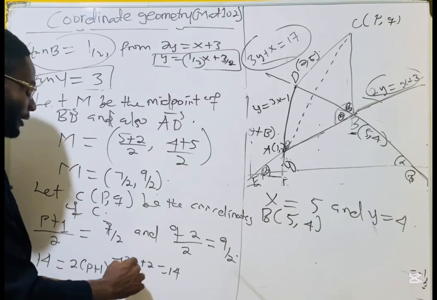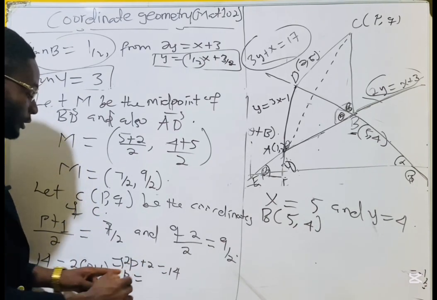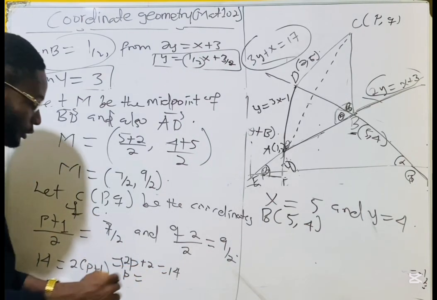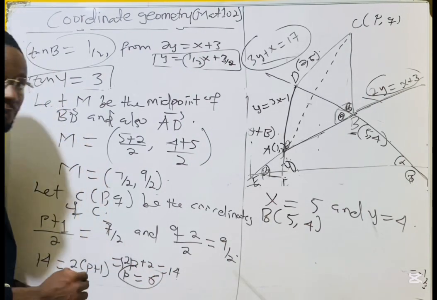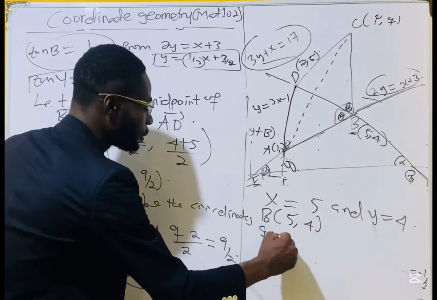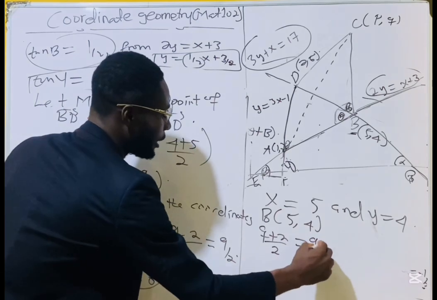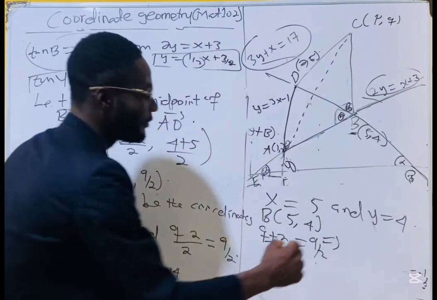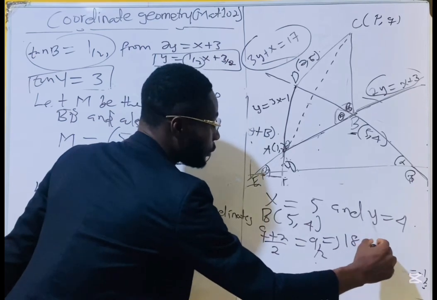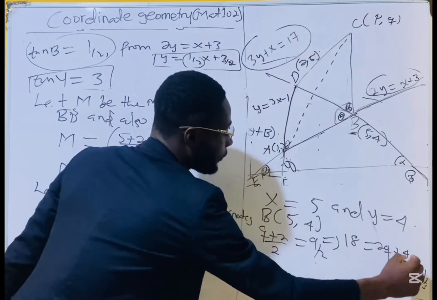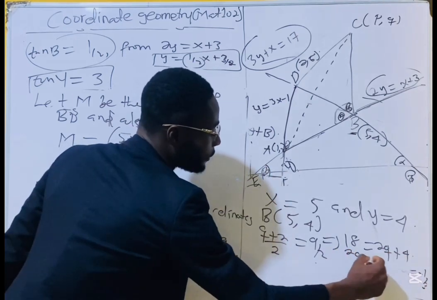So this means that our P will be equal to 12 divided by 2, which is 6. So we have the P to be 6. And then we have Q plus 2 over 2 should be equal to 9 on 2. So when we cross multiply, then we're going to have 18 equals 2Q plus 4, right? So we have 2Q equals what?